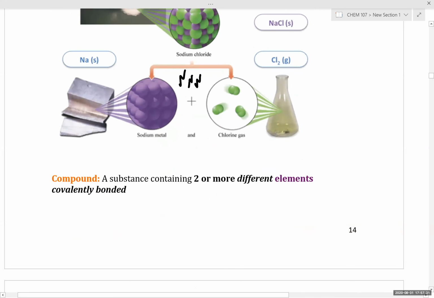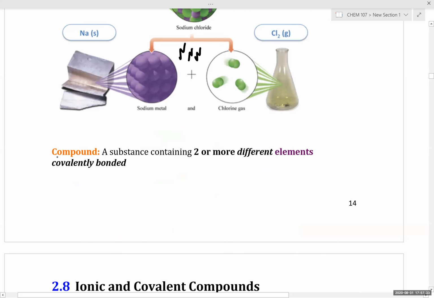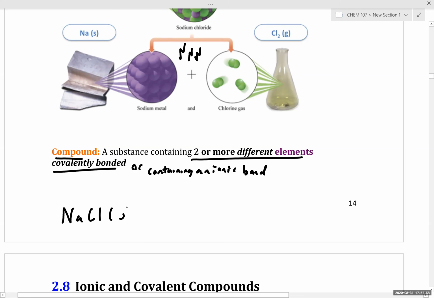Now, a simpler definition that I would recommend that you use for a compound is a substance containing two or more different elements, covalently bonded or containing an ionic bond. So an example of this would be sodium chloride, solid. This is an example of an ionic compound. We'll talk more about that later.